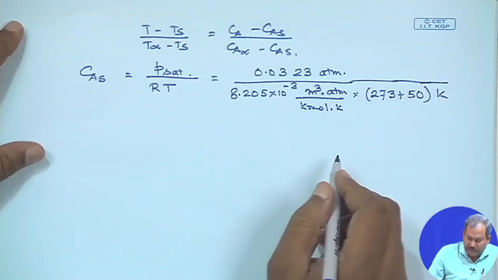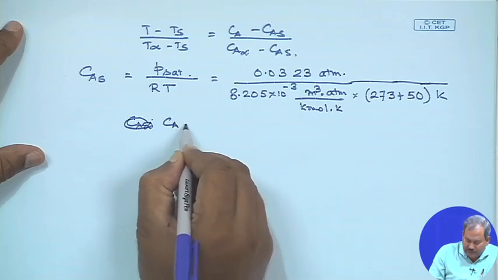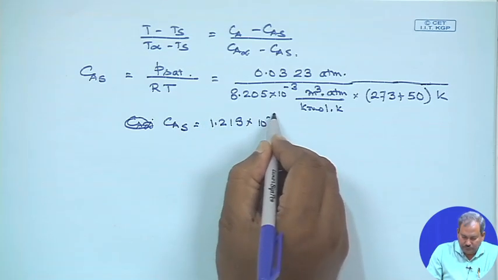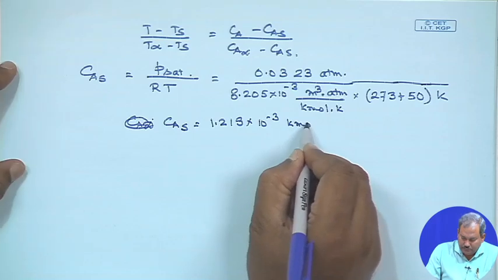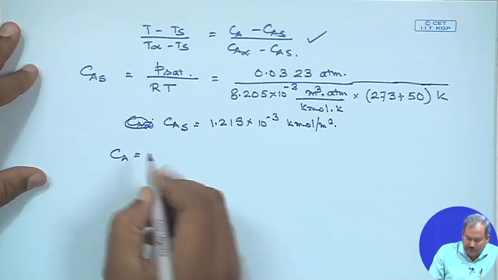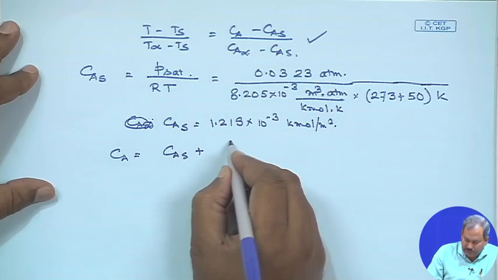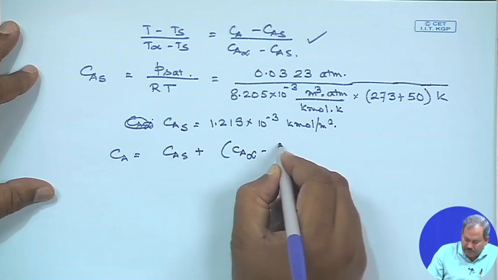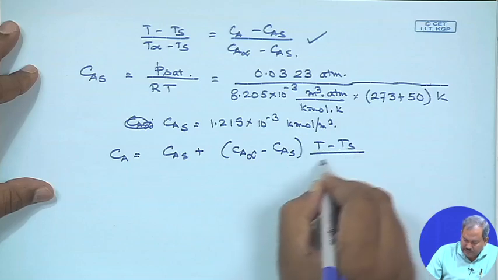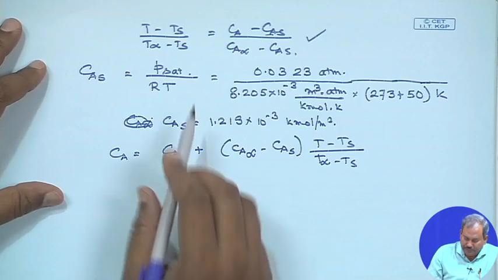So, this is the concentration, so C A s would be equal to, so from here I can therefore write C A to be equal to C A s plus the denominator C A infinity minus C A s times T minus Ts by T infinity minus Ts, just an expansion of that in terms of this.